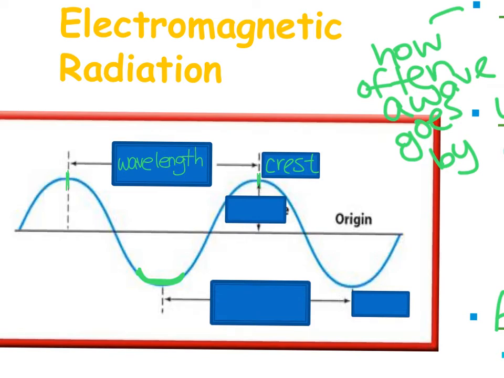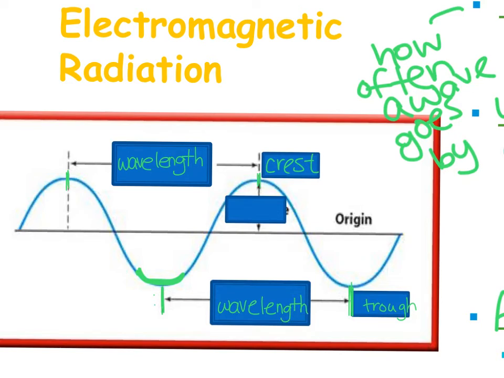Now on the bottom, from here to here, that's from trough to trough. The trough is the bottom of the wave, and from one trough to the next trough, that's also how we can measure wavelength.